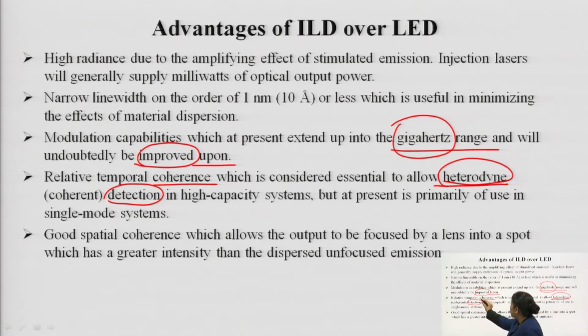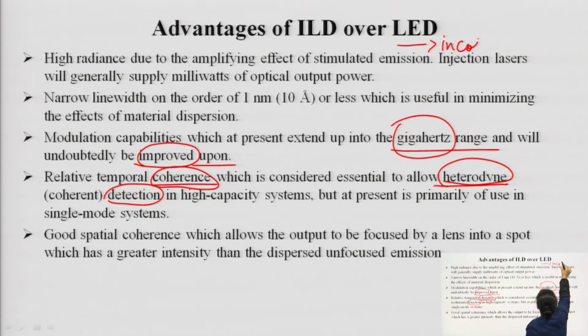But what is important is that coherence is achieved in the case of a laser, our semiconductor injection laser. That is why this is again an advantage over the LED, because in the case of an LED we achieve the incoherent condition. Coherent condition can't be achieved in the case of an LED.